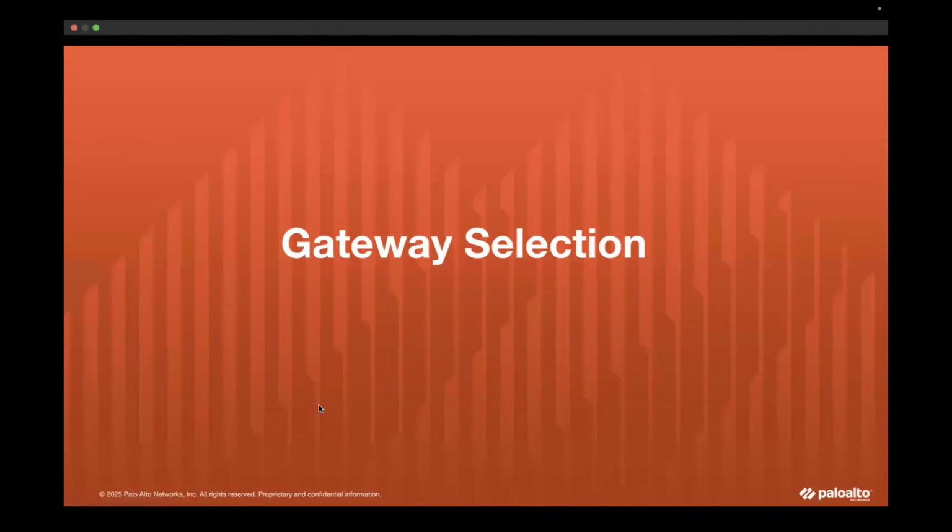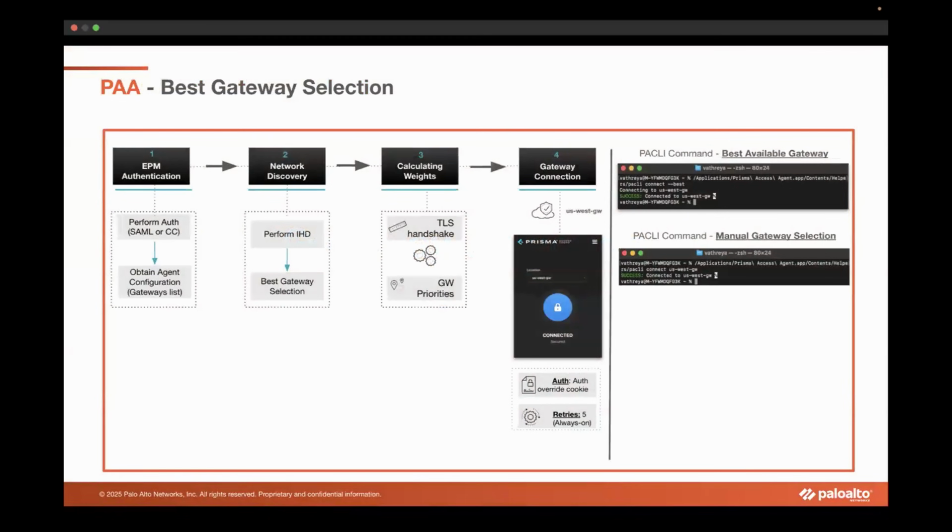So once we finish the authentication, the agent has to select the gateway and establish a tunnel with the gateway, right? So how does the gateway selection happen? Once we perform the authentication, we get the configuration of the gateway list. And first, the agent will do an internal host detection to see if it is on the internal network.